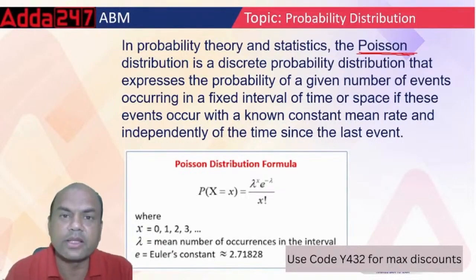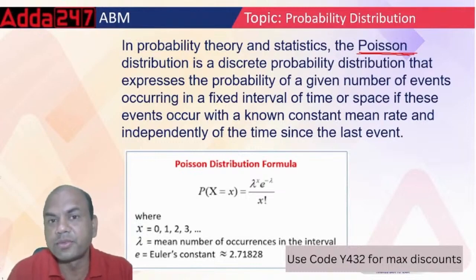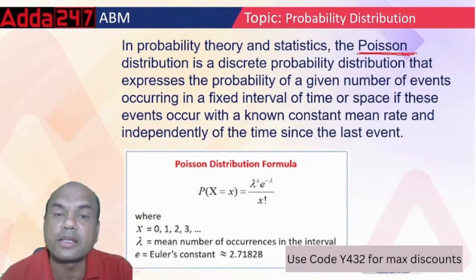To identify that, remember, in binomial each trial should be independent. Very important. Each trial means you shouldn't be able to guarantee whether the next trial will be head or tail.